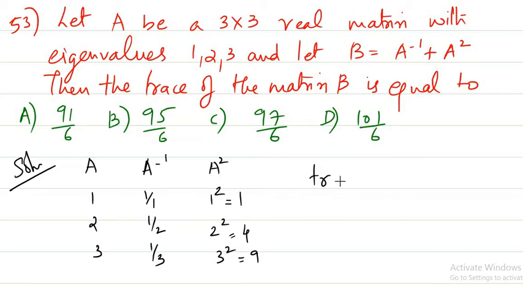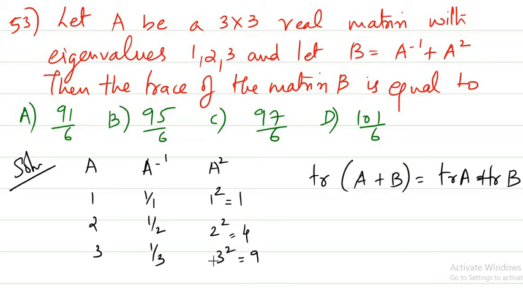But there is one property of trace: trace of A plus B is trace of A plus trace of B. Adding the matrices and taking the trace is equivalent to taking the traces and adding them. Using this concept you can finish, because you know that the trace of a matrix is equal to the sum of the eigenvalues.